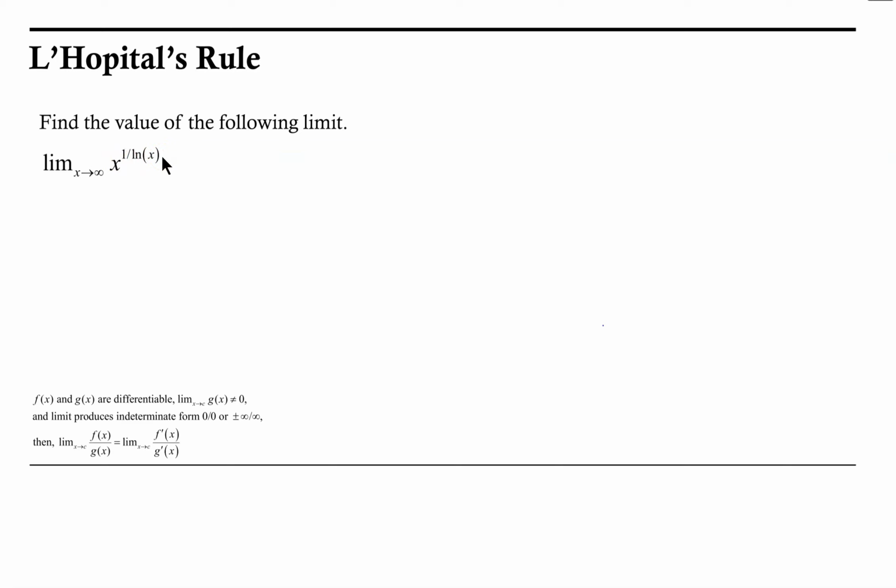So we have an indeterminate form of infinity to the 0 power. And so what we need to do to resolve this indeterminate form within the limit is to rewrite this so that we end up with an indeterminate form that is either 0 over 0 or infinity over infinity.